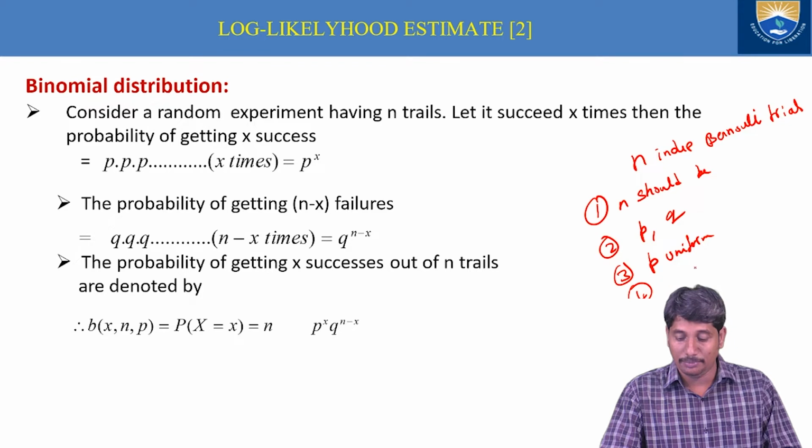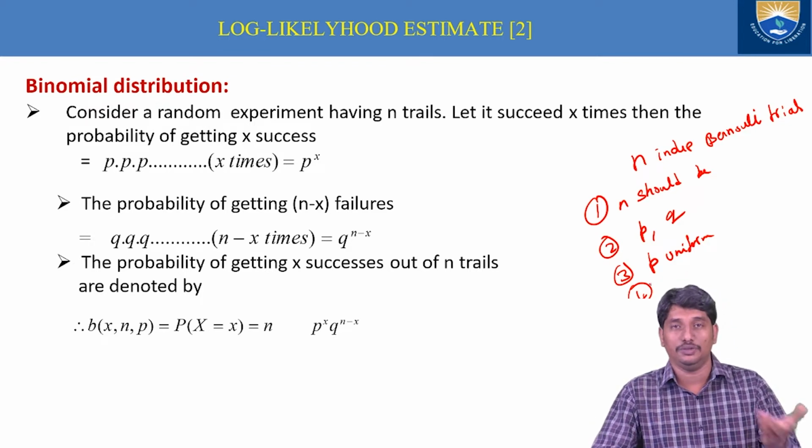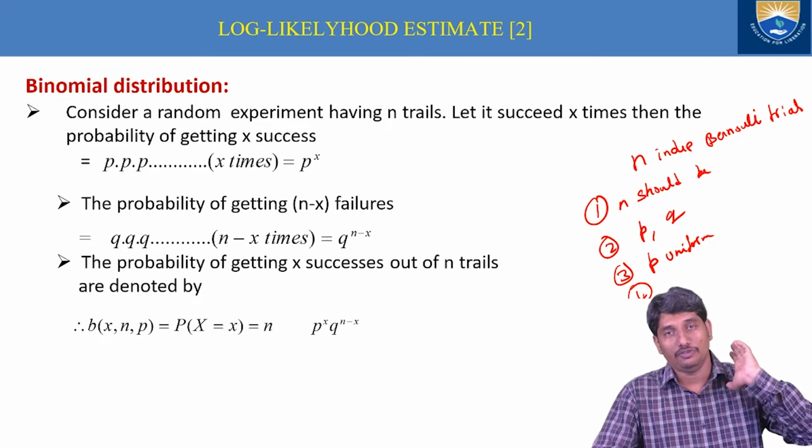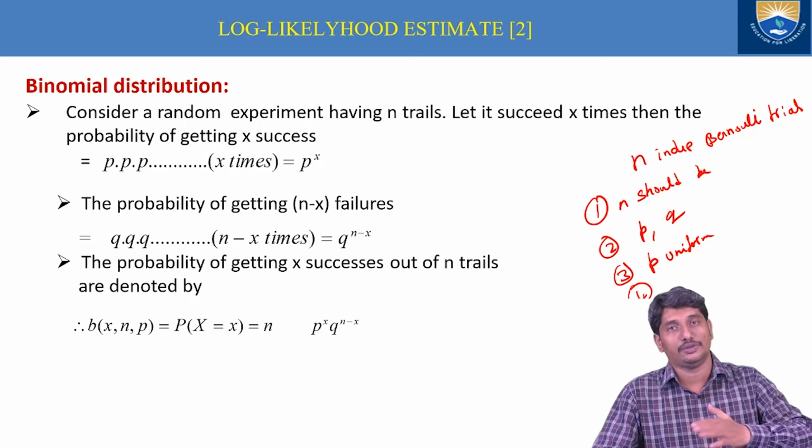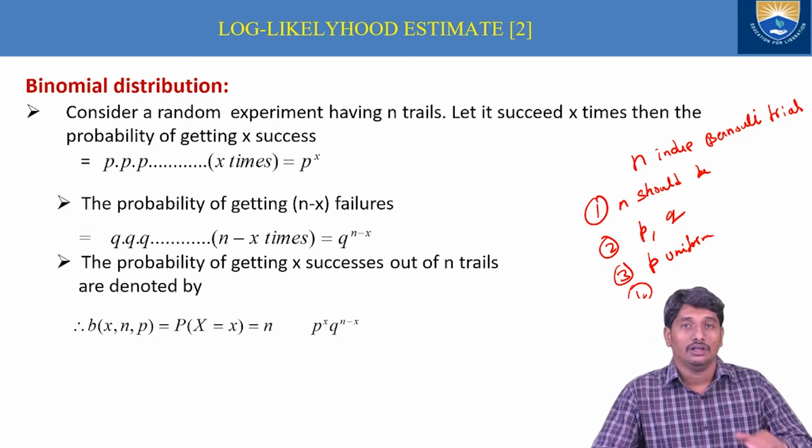Each trial is independent of the other trial. That means every trial is a new one. The earlier trial won't affect the running trial, and the running trial's result won't affect the next trial.